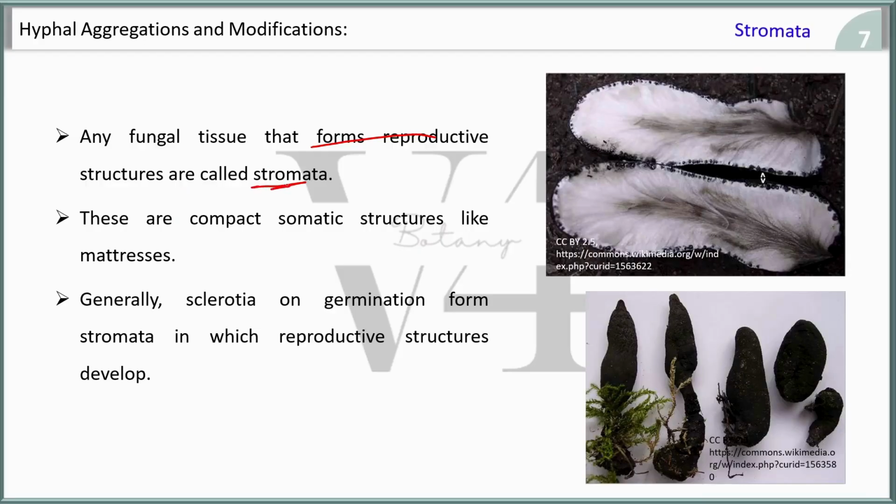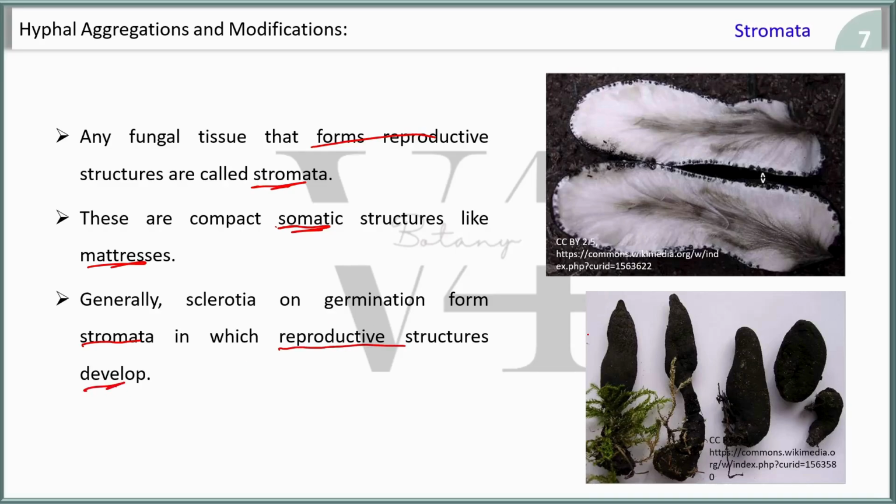It is called stromata. These are compact, somatic structures like matrices. Generally, when the sclerotium germinates, it forms stromata in which reproductive structures develop.